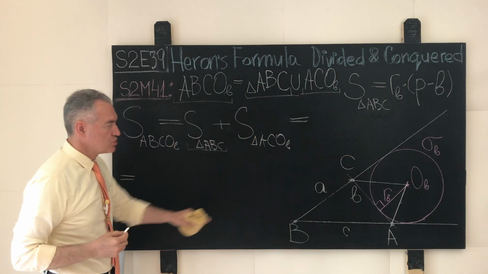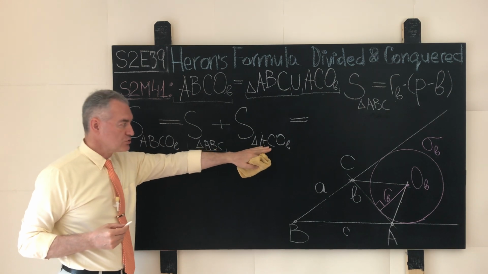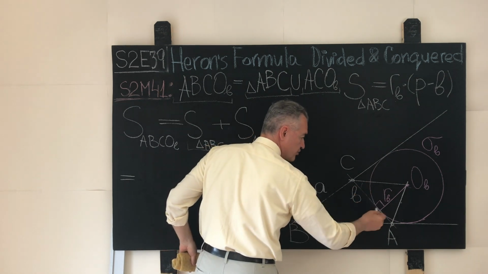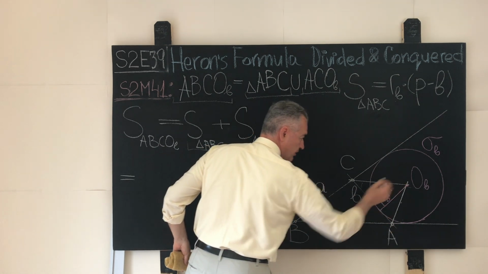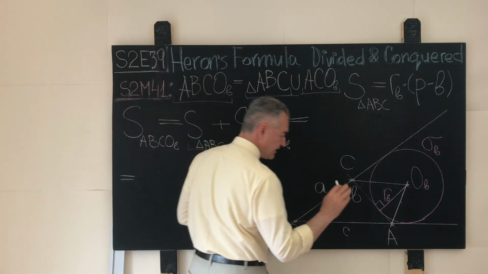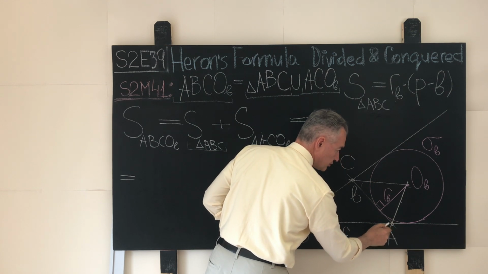The solution of the second part is the area of the triangle ACOB. And what is the area of that triangle? It is a half product of the base, which is the side B, and the height.